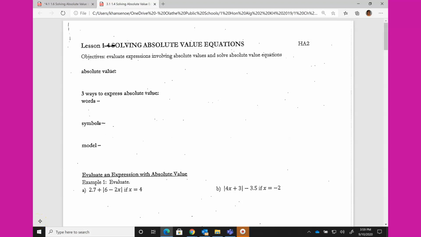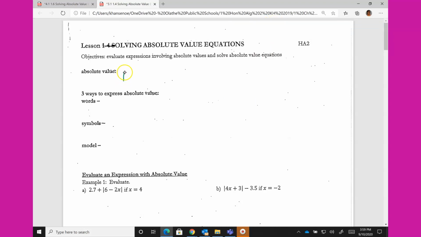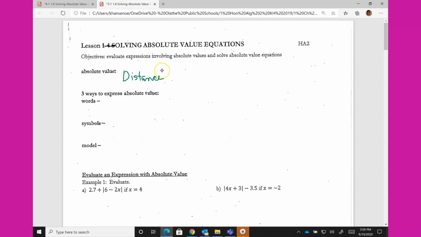All right, so today's lesson is solving absolute value equations. We have talked about absolute value a little bit already, so let's go ahead and get started here. Absolute value, remember, is the distance from 0 on a number line.